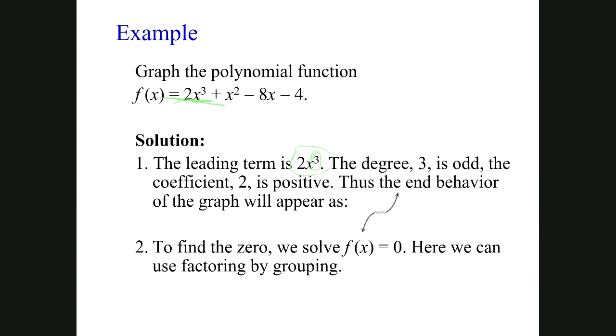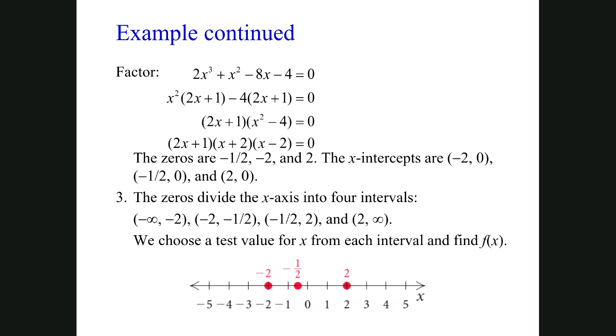The coefficient is positive, and the power is odd, so the graph goes in 2 different directions. That is the ending behavior, and since it's positive, it goes from quadrant 3 to quadrant 1. So as long as I can factor this and find the x and y intercepts, I can pretty much graph this one by hand.